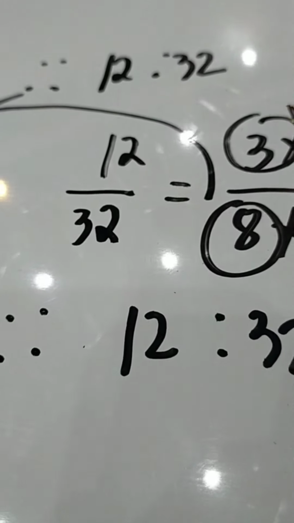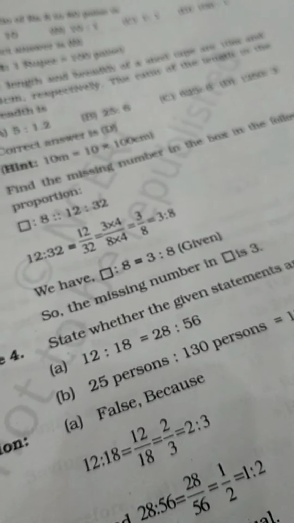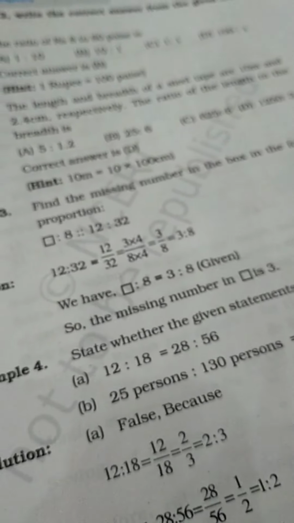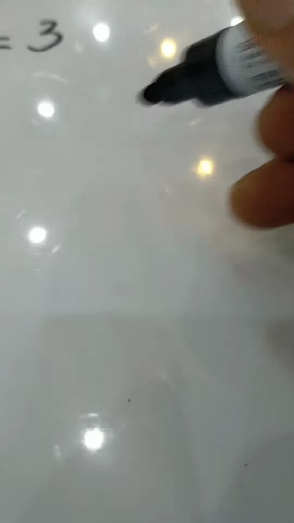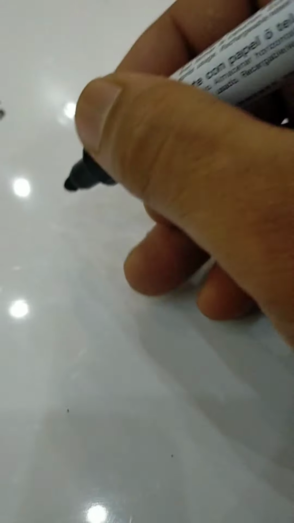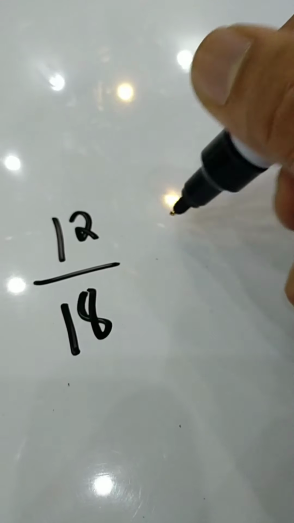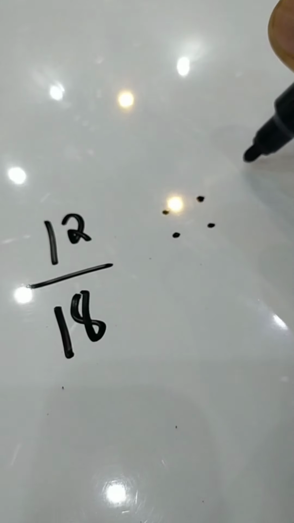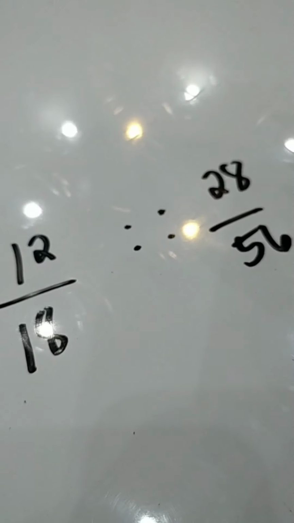Next is example number 4. State whether the given statements are true or false. So 12:18 is to 28:56. So let's try kung parehas. Usually pwede din kasing ang pag-test natin yan is 12/18 is to 28/56.